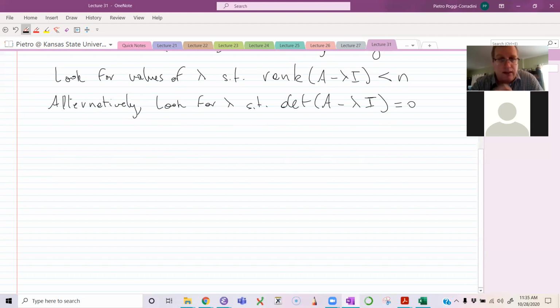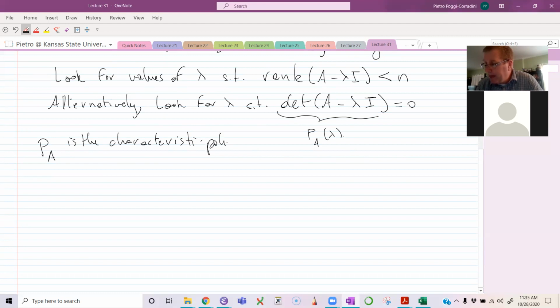Right? So it's equivalent to look for this. It turns out that this is a polynomial in lambda, called the characteristic polynomial. And so the eigenvalues are exactly the roots of the characteristic polynomial.